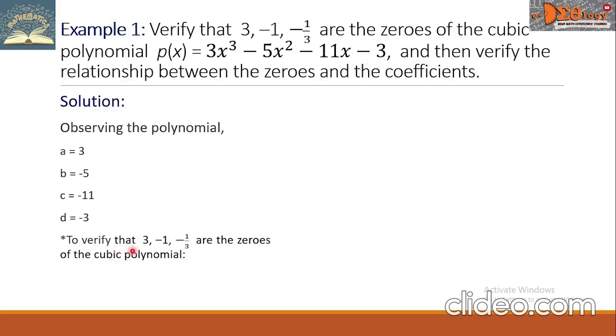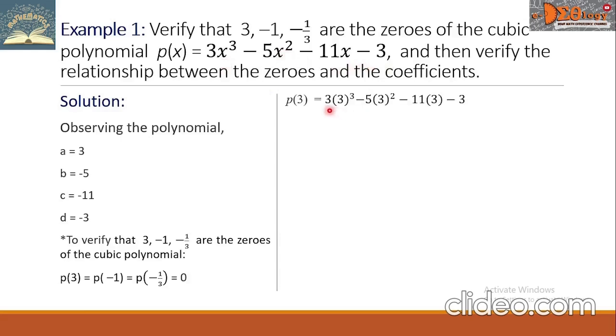Now, to verify that 3, -1, -1/3 are the zeros of the cubic polynomial, we need to check that p of 3 equals p of -1 equals p of -1/3, all equal to 0. Let's begin with p of 3. We substitute this 3 to all the x of our polynomial.